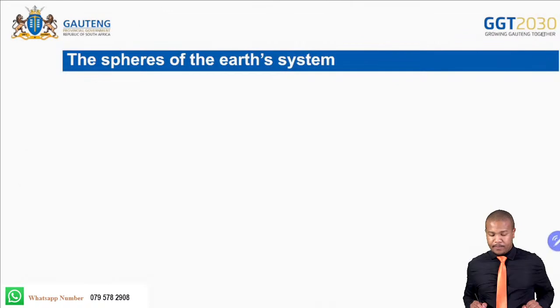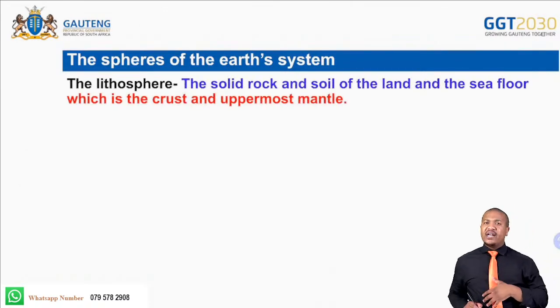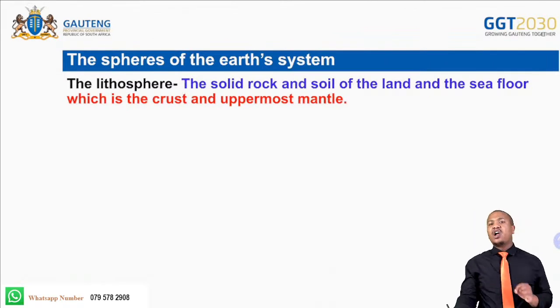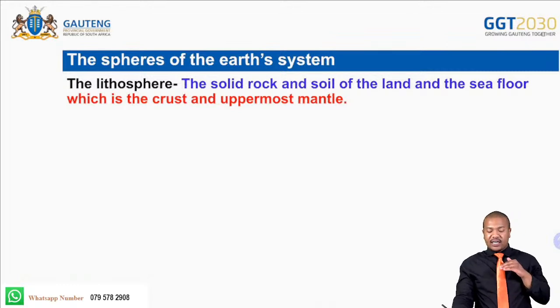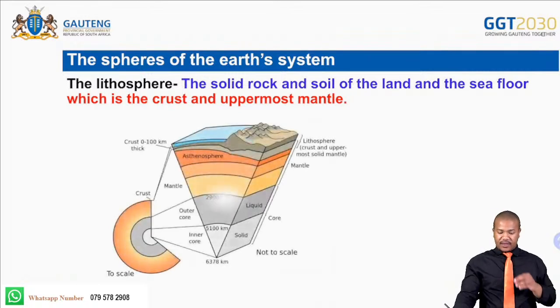Then we move on to the lithosphere. We said that the lithosphere is all the solid rocks and soil of the land, including the sea floor that we find in the oceans. So we're talking of the crust and the uppermost mantle of the earth.